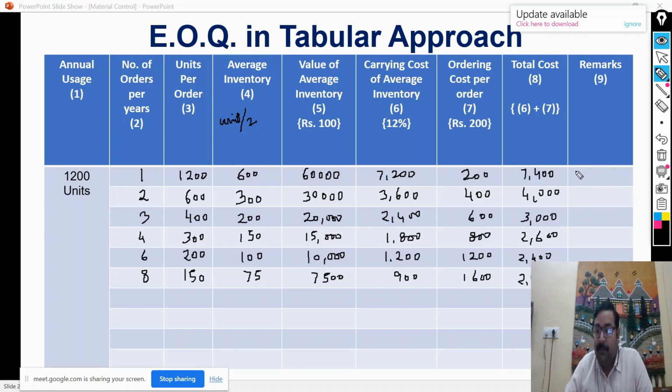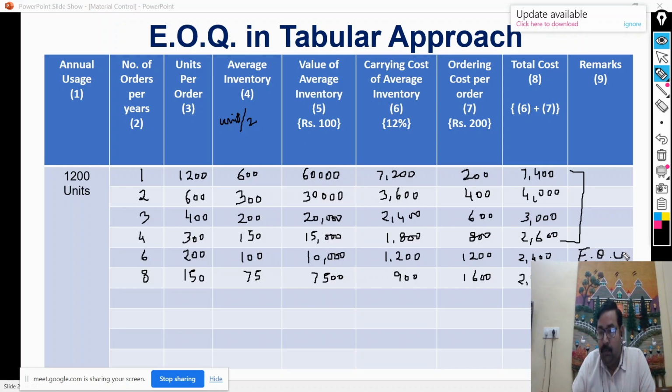Please see the remarks here to here. Total cost decreases, and after that total cost increases.